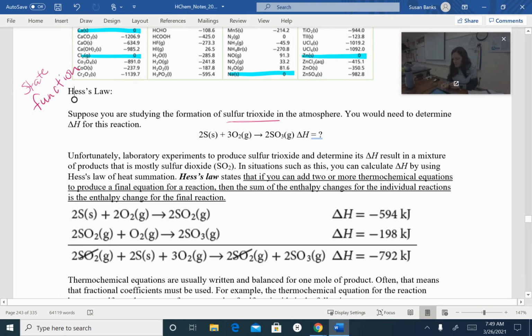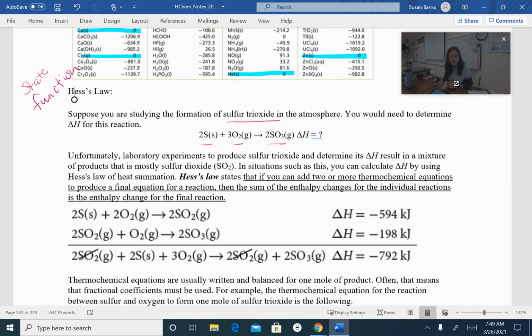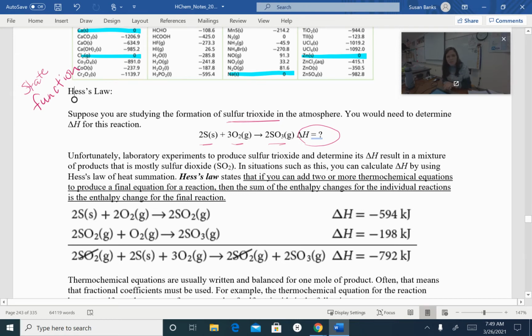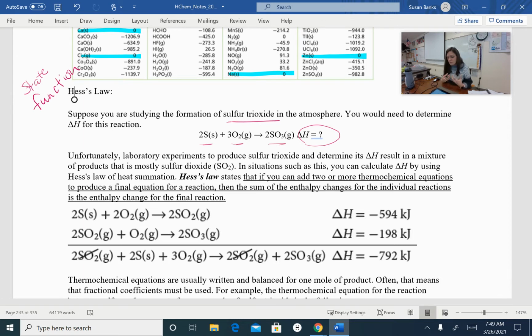So I would want to determine sulfur plus oxygen going to sulfur trioxide. I want to know the energy that is produced in that reaction so that I can understand physically, from a chemical standpoint, why that reaction is spontaneous, why that happens. And if I can figure that out, I can figure out maybe a way to alleviate some of the acid rain.